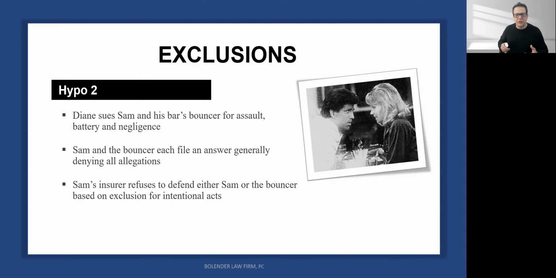They file an answer, and they generally deny all allegations, as one can do in state court. They tender to the insurance company, and Sam's insurer refuses to defend either Sam or the bouncer. And the basis for that is an intentional act exclusion.